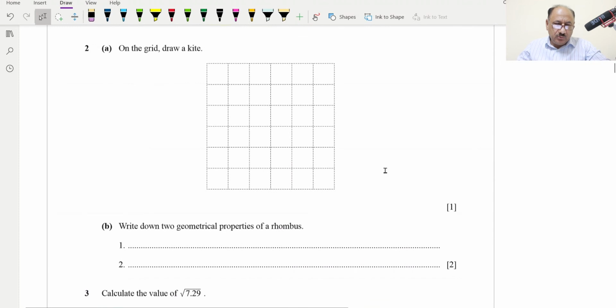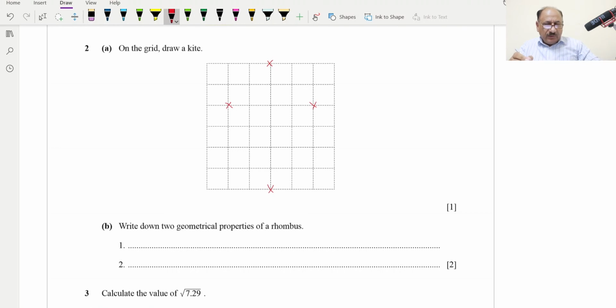And question number 2: on the grid draw a kite. So a kite we have to draw. For the kite we can mark this point, and then we can take this point, and this point.